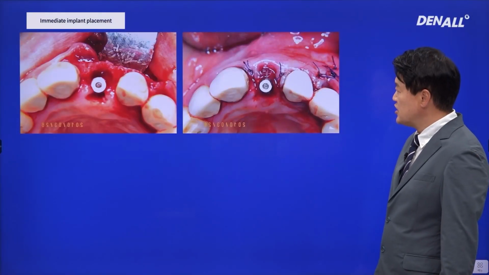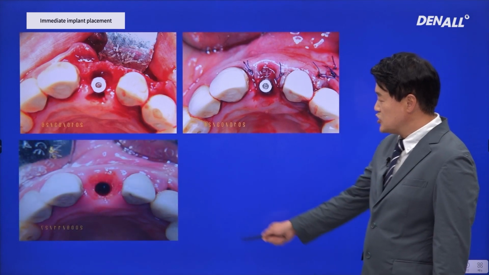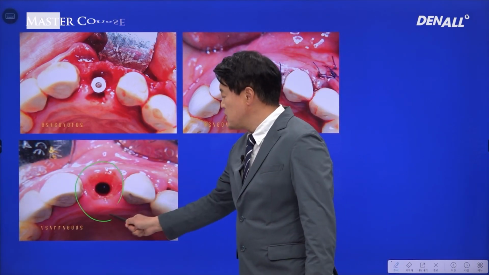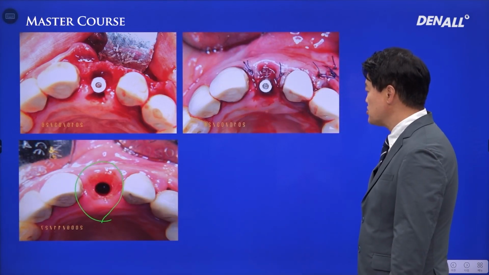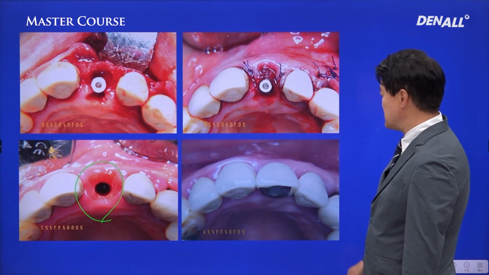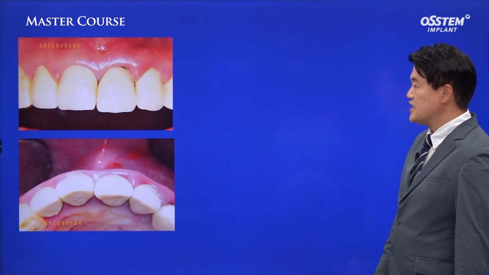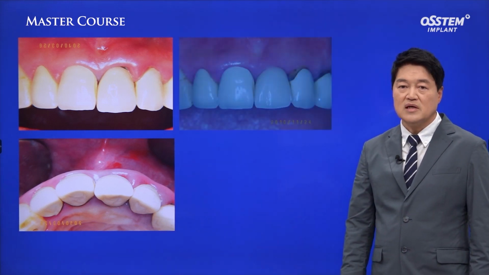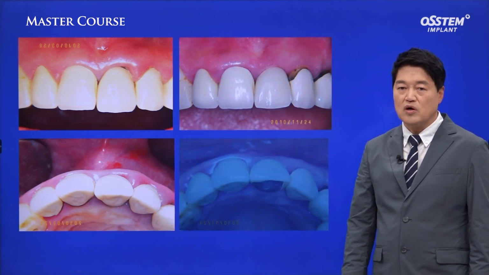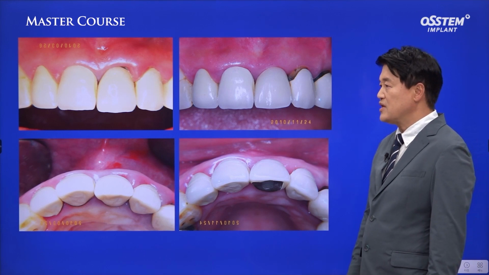This is after surgery. You can see that soft tissue healing has occurred nicely. And this is after prosthesis delivery. Compared with before extraction, this is after surgery and prosthesis delivery.